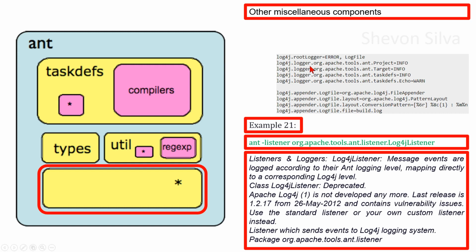Here you can see build started and build finished, org.apache.tools.ant.Project, target started and target finished, org.apache.tools.ant.Target, tasks, a fully qualified class name of a task, message log, a class name of one of the above. So if a task logs a message, its class name is the category used, and so on.